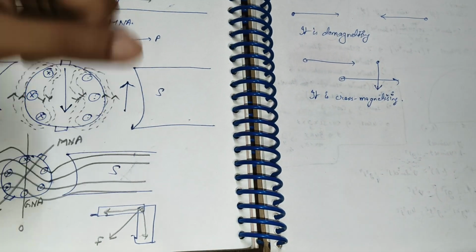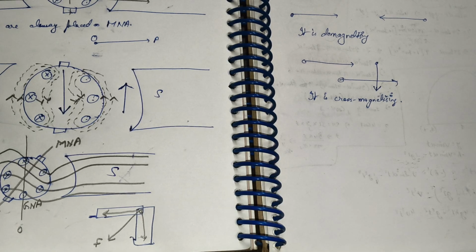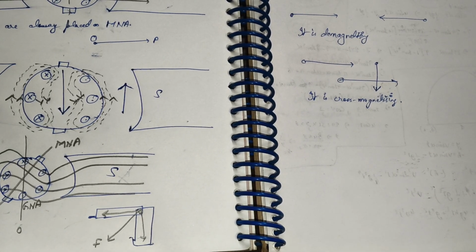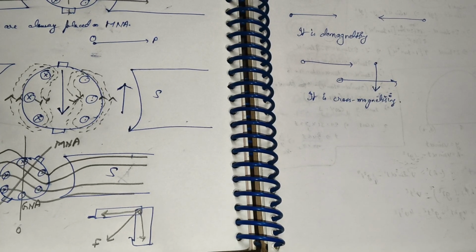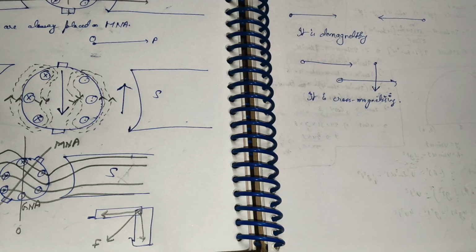So we have studied what armature reaction is, how it is produced, and how many effects there are of armature reaction. So the question arises: how to reduce armature reaction? Can it be completely demolished or completely vanished?